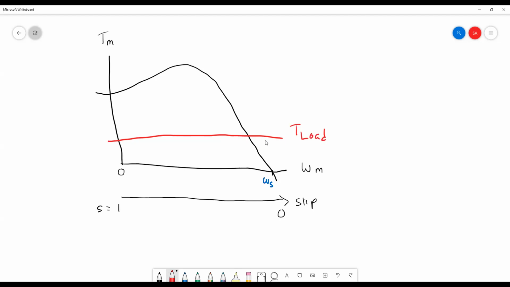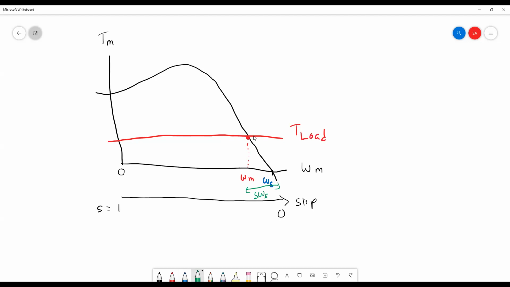The intersection between the motor torque-speed curve and your load line is the speed of the motor. From here we can get your slip frequency, from here to here. So this is your S omega_s.